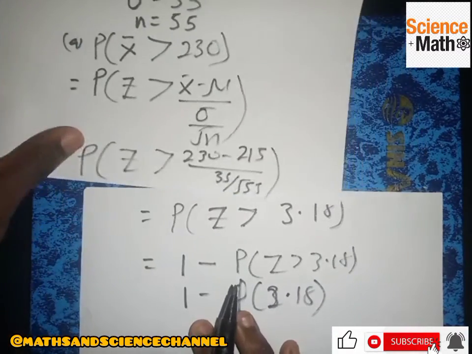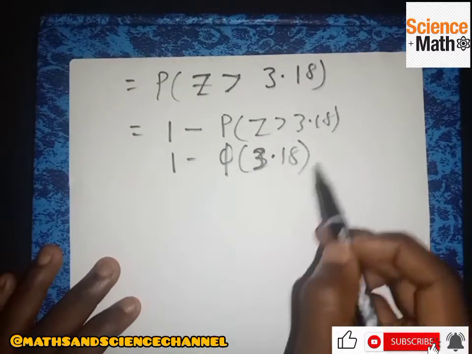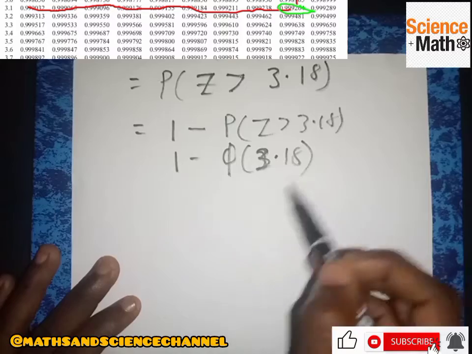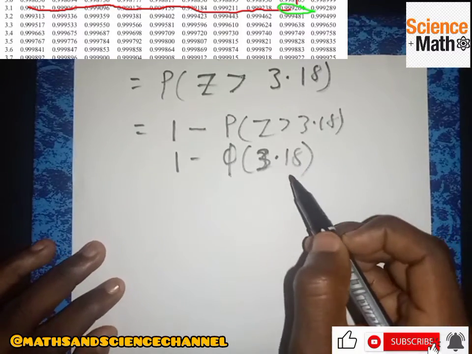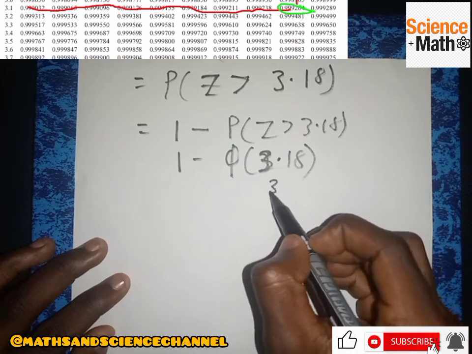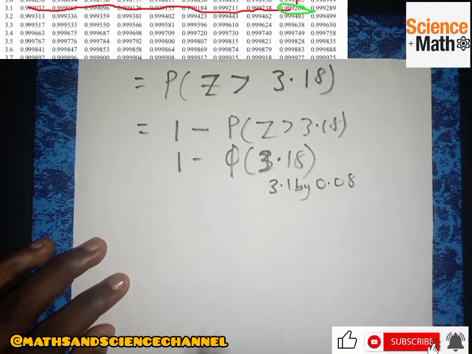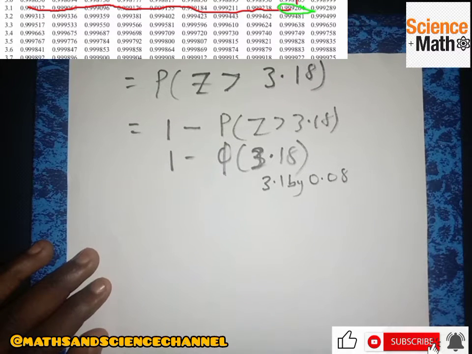Now what we'll do here is to find this using the z table. So on the z table we are looking for the probability, so we look at 3.1 by 0.08 in this case.